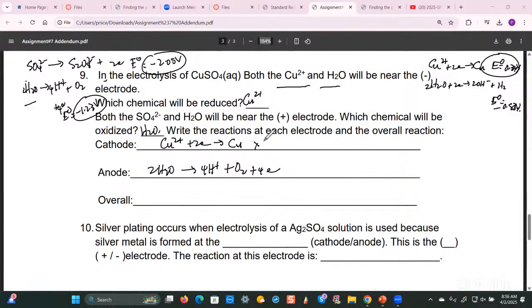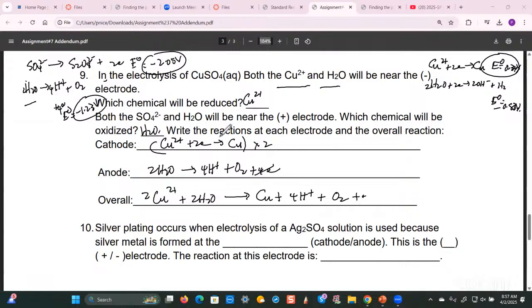Of course, we have to multiply this by 2. So when we do that, the final answer will end up being 2 Cu2+ plus 2 water molecules, and then on the right side, you're going to have 2 Cu plus 4H plus O2 plus 4 electrons.